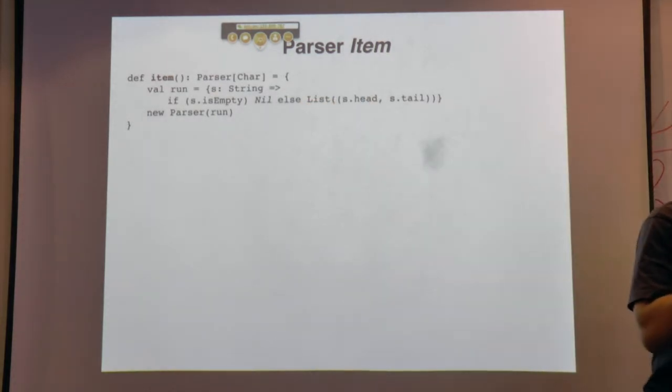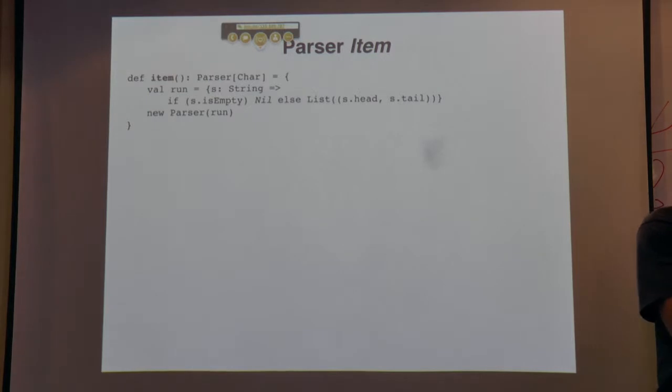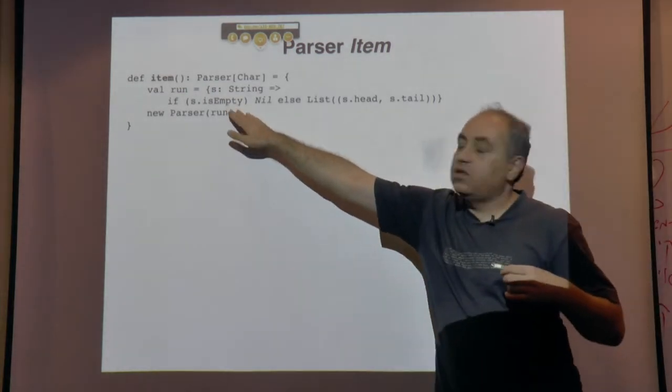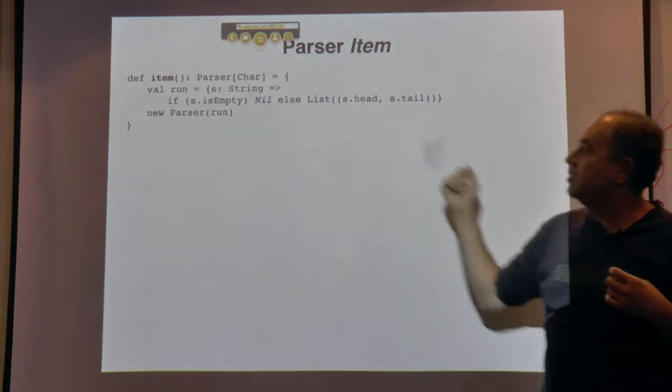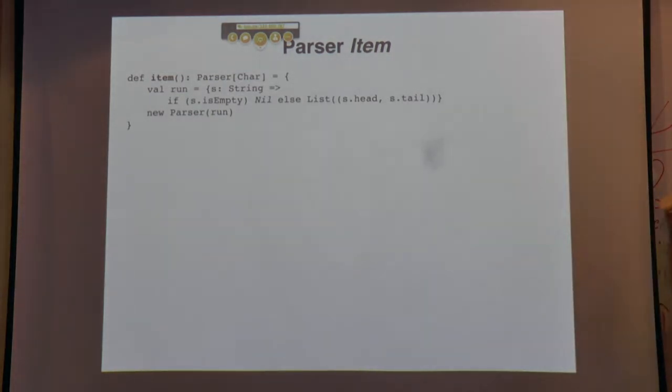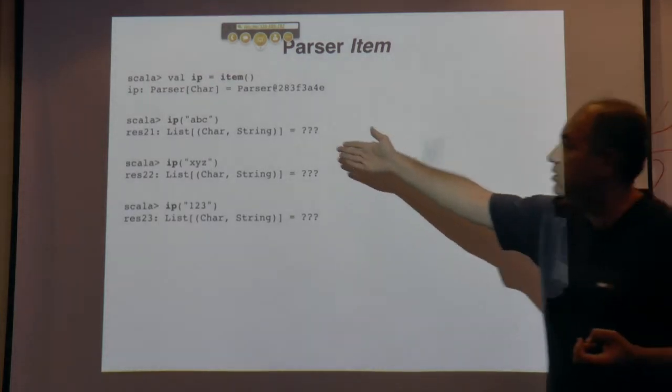By the way, I probably didn't say that: if a parser returns an empty list, it's a failure. So if the input is empty, it fails, and otherwise it returns the first character. Good.